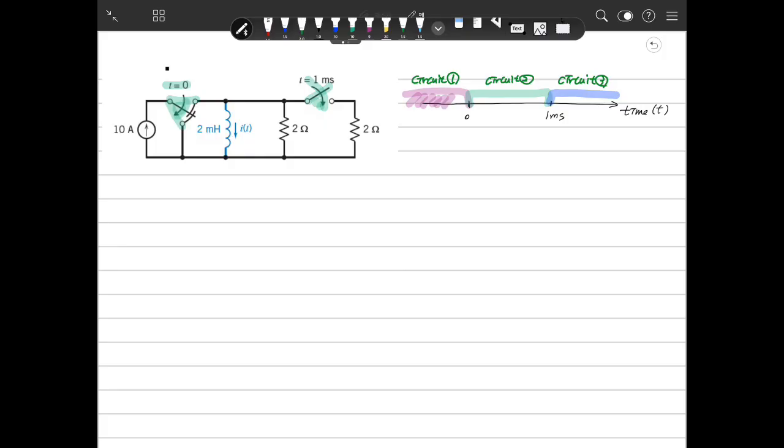And at every interval they are transient, and also they are transient.